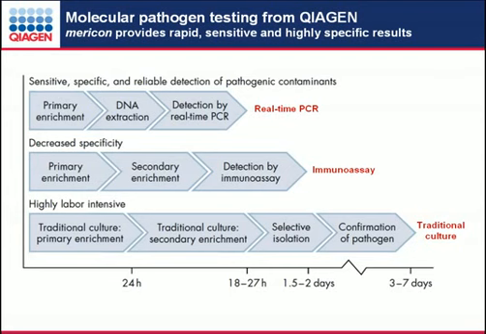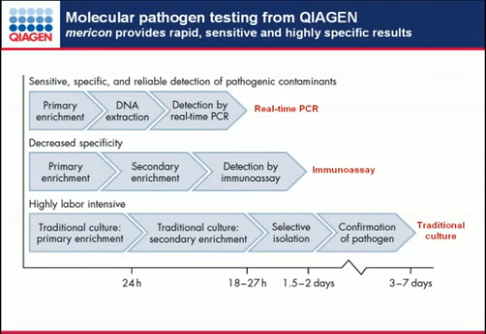So you look here at the top line, real-time PCR uses a primary enrichment, a DNA extraction, and then detection by real-time PCR. You can do this detection and get an answer within about 3 hours after your overnight primary enrichment, so that you are ready to release your food products within about 24, 27 hours. Immunoassay has decreased specificity.